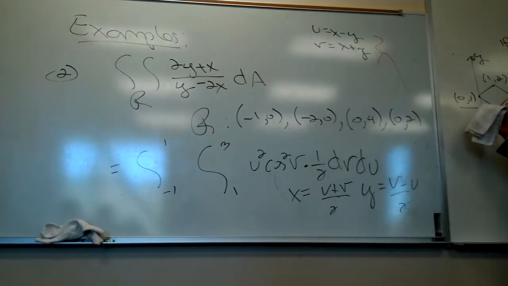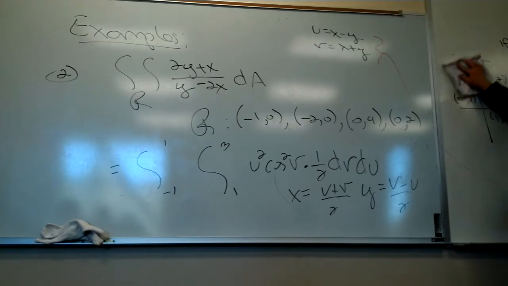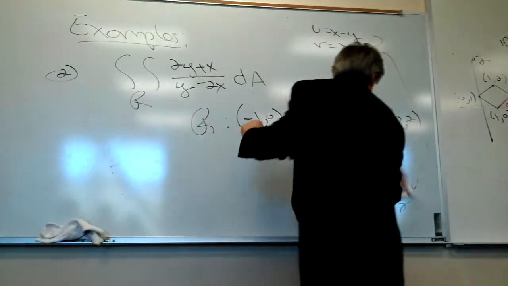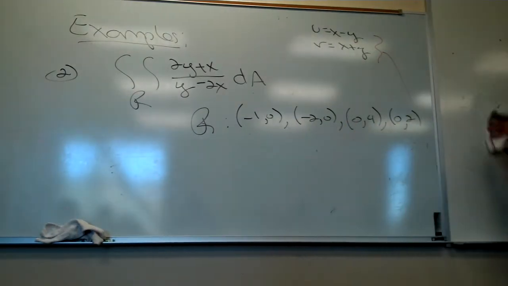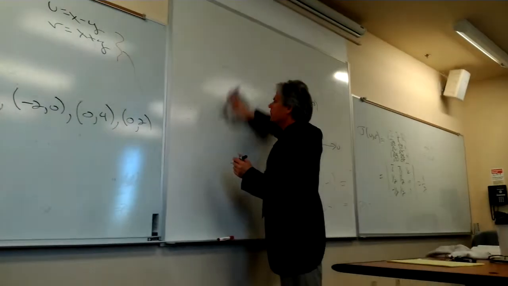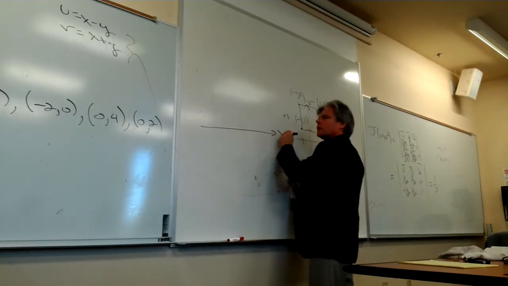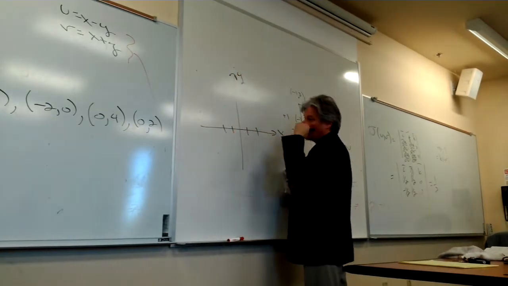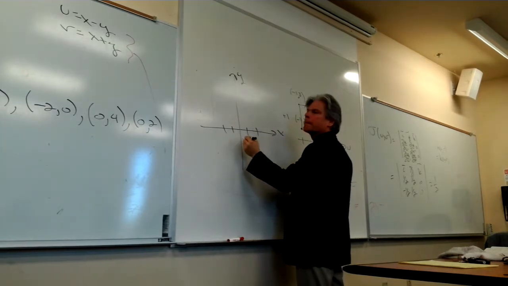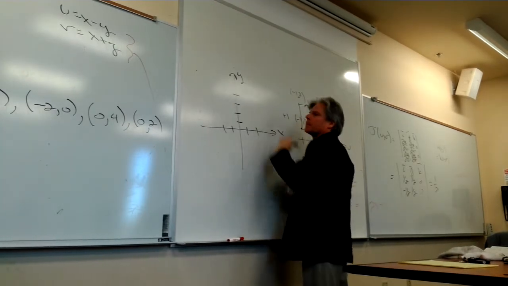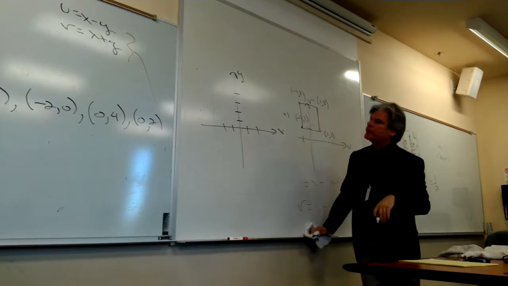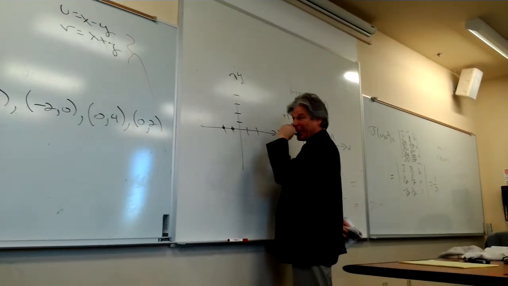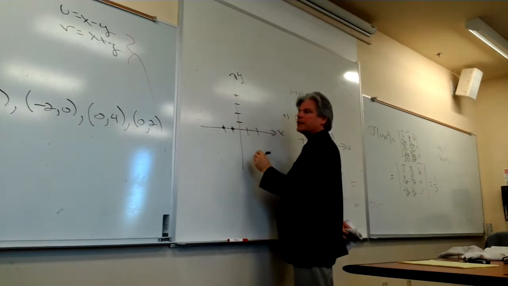If I were to sketch that region in the xy coordinate plane, I plotted the first point at negative 1, 0, then negative 2, 0, and then 0, positive 4, and finally 0, positive 2.